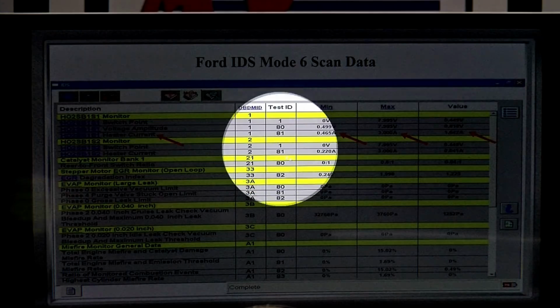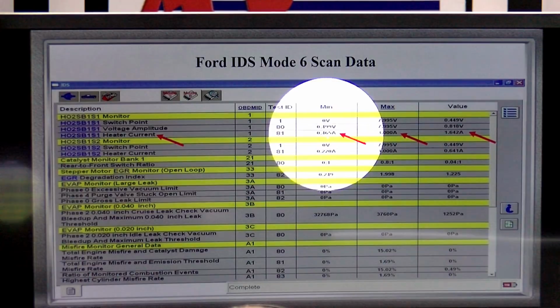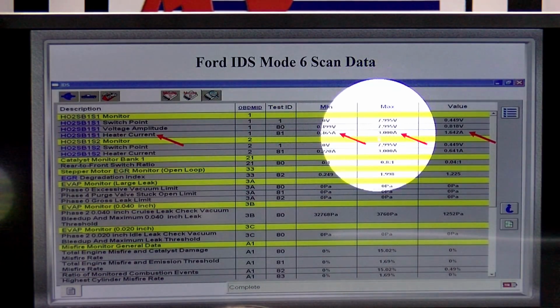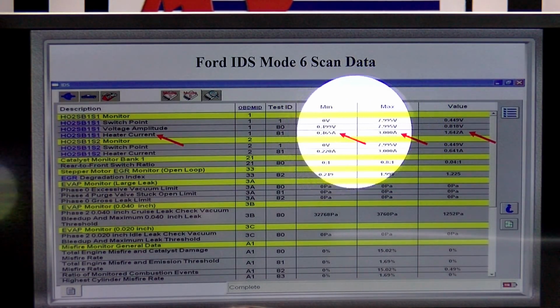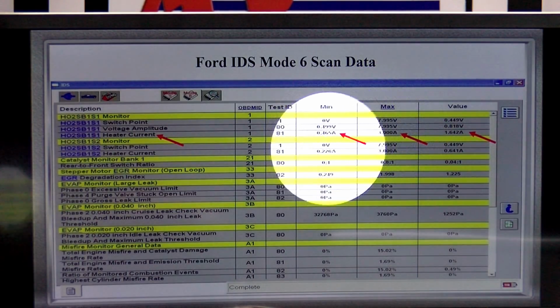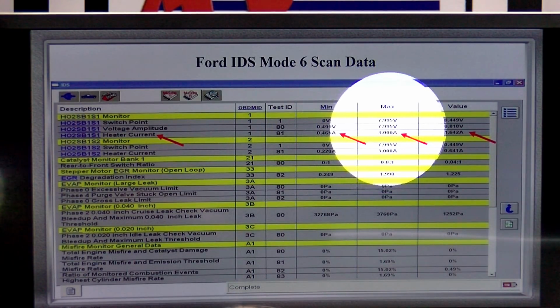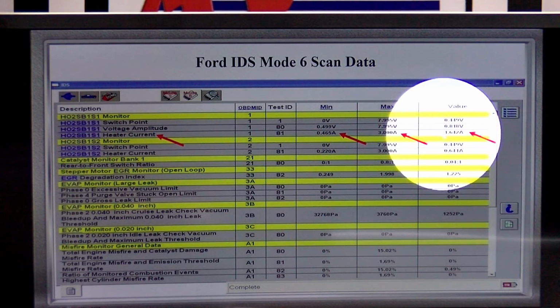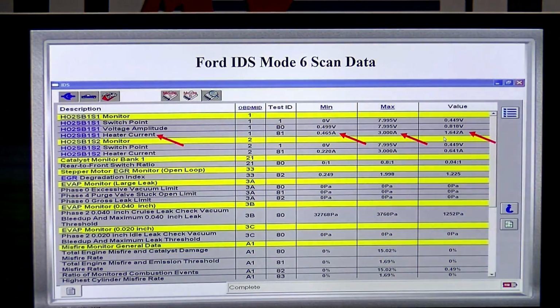Now notice the minimum is 0.465 amps. The maximum is 3 amps. So you've got to be like a goal post here, in between both of those to get a reading that passes. Now notice we have 1.642 amps. That means the heater for the oxygen sensor is working good. Does that make sense?